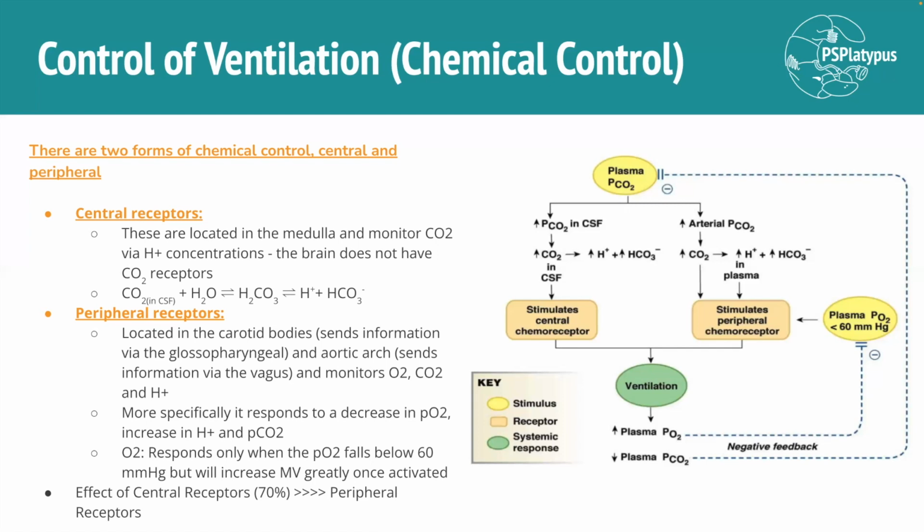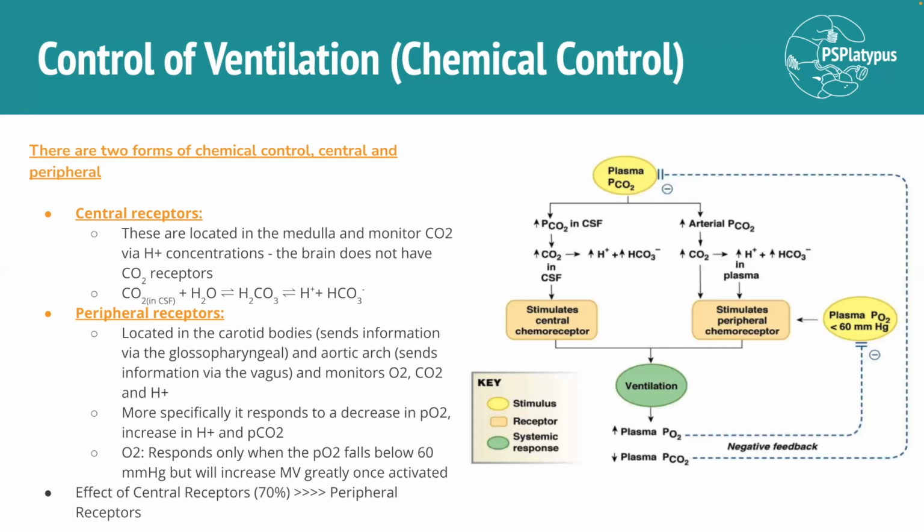This is also true of the central receptors, which are located in the medulla. However, these ones monitor CO2 indirectly via our H plus concentration or our pH. And because pH doesn't change instantaneously, this process takes time to occur.